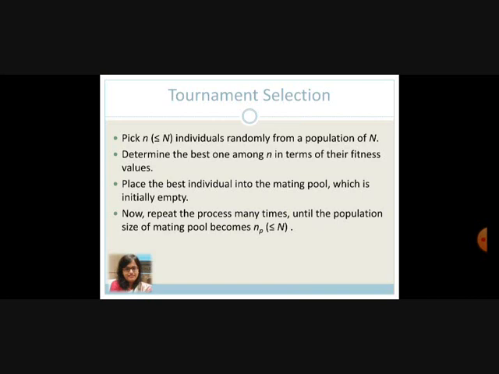Then we place the best individual into the mating pool, which was initially empty. We repeat the process many times until the size of the mating pool becomes NP, that is, the mating pool size we have decided.